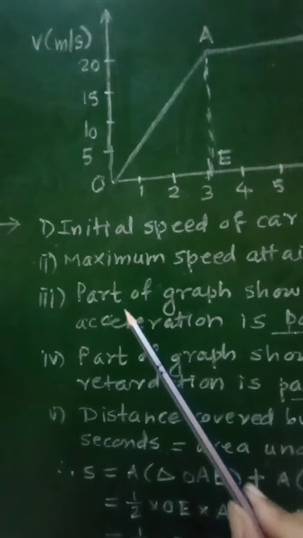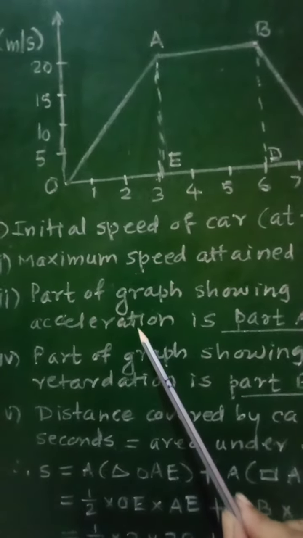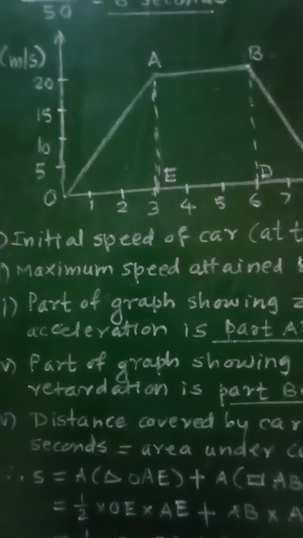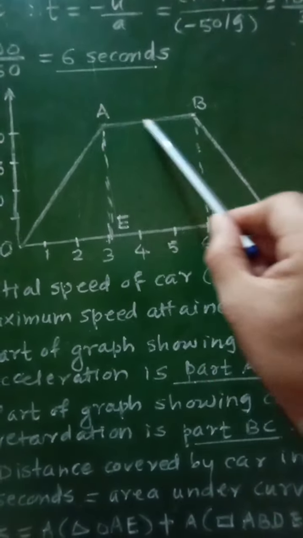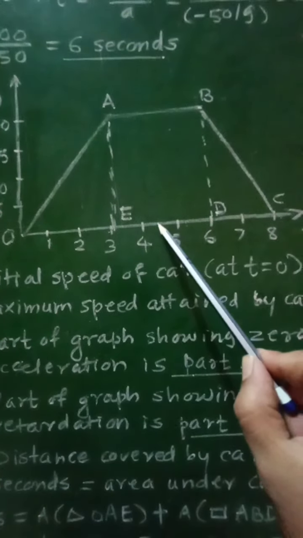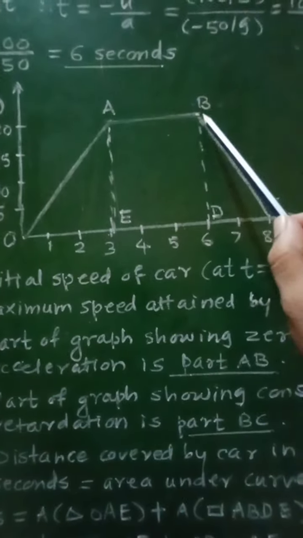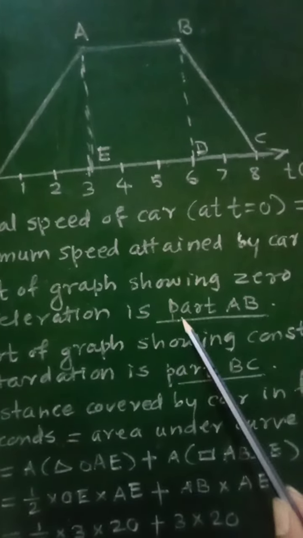Then third is the part of the graph showing zero acceleration. So for zero acceleration, velocity must remain constant, and from this graph, for this AB part, velocity remains constant because this AB graph is parallel to x-axis, and therefore velocity is constant from A to B. Therefore the part of the graph showing zero acceleration will be part AB.